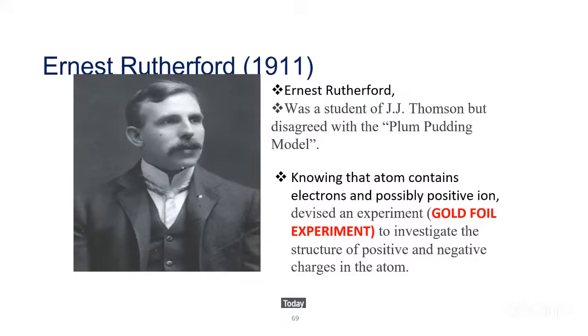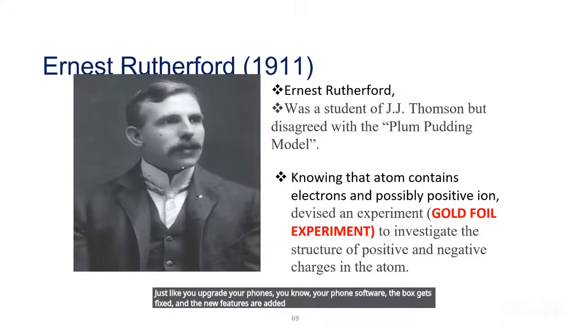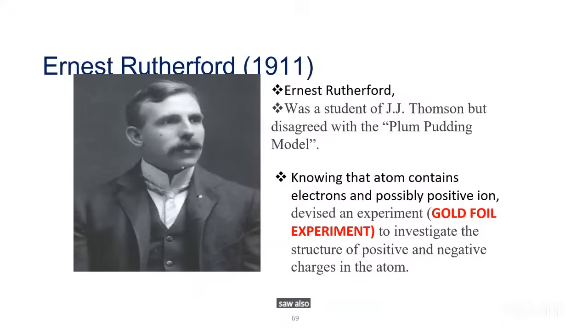Like I told us the last class, science is not static. Just like you upgrade your phones, your phone software, the bugs get fixed and new features are added, so also in science, we learn new things. We modify existing things and we make new things. That is new discovery. That is what science is all about.